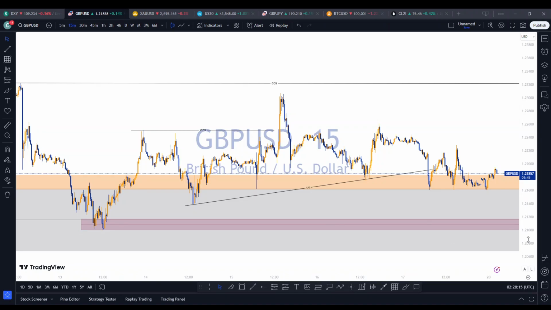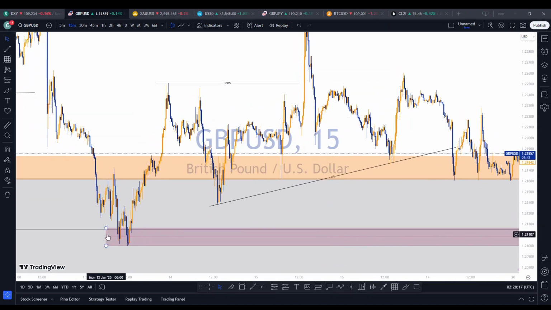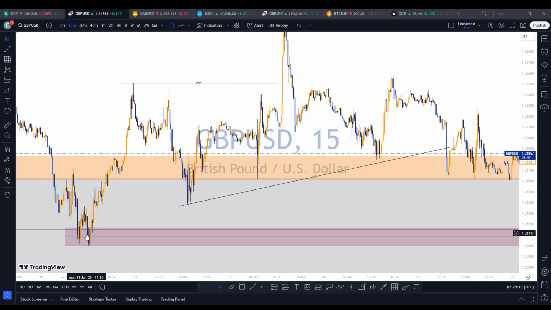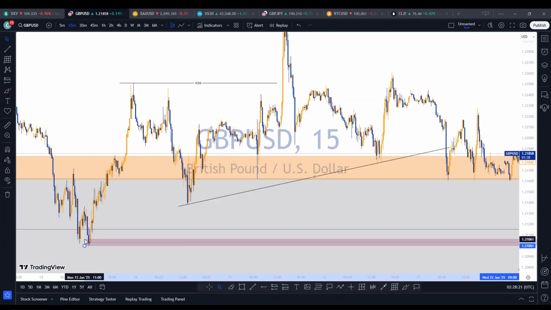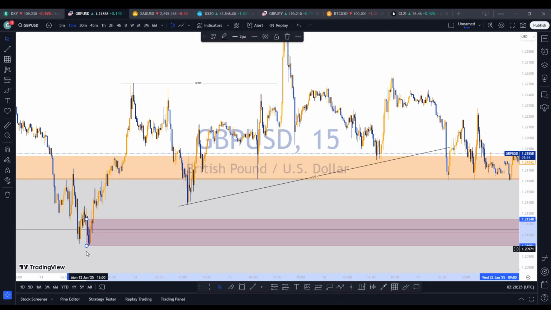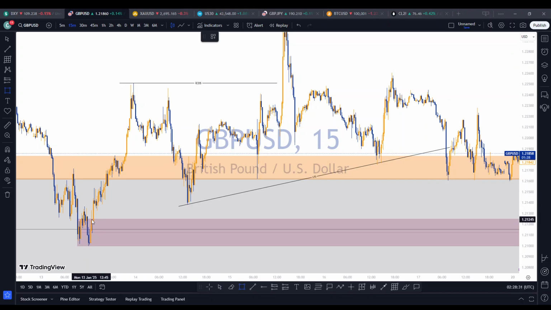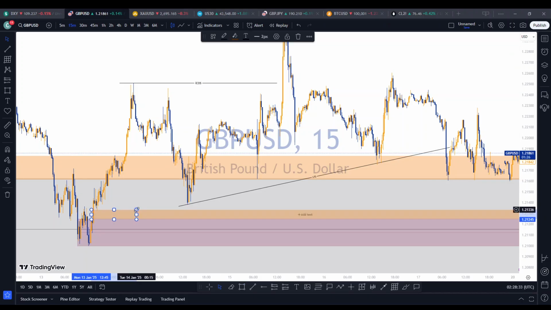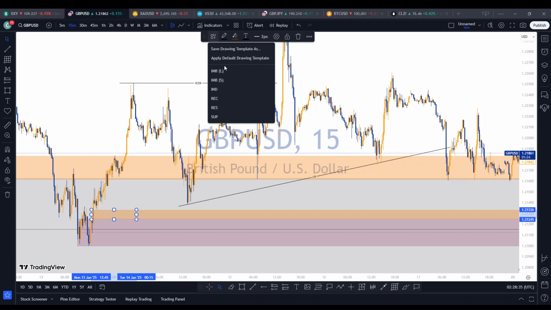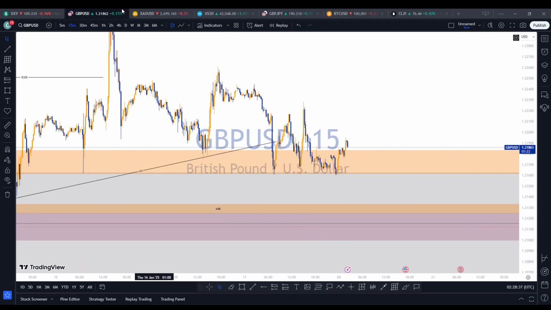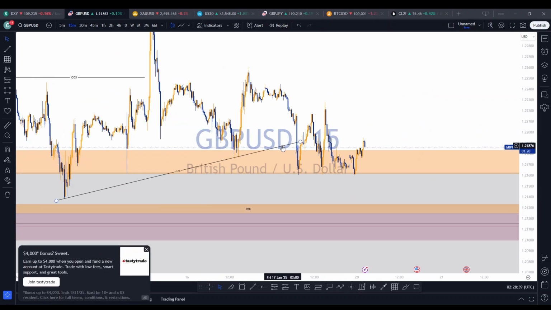Okay, there is some sort of imbalance right here, right around here. That's good. Then there is this imbalance right here from point A to point B. Okay, that's valid.